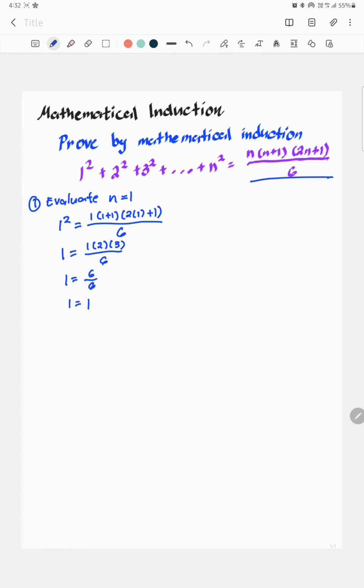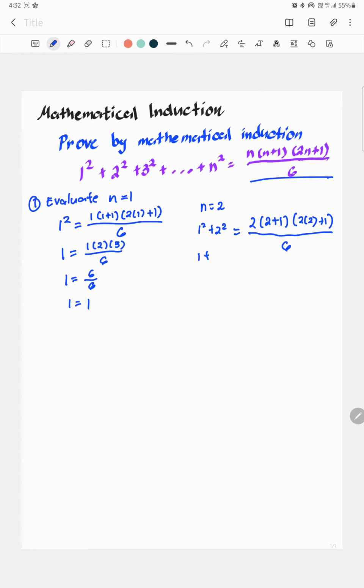However, when I was in college, we also checked the second and the third, to see if that would be true. Let me give you an example. If we look at the second, let's see if n is equal to 2. Therefore, we have 1 squared plus 2 squared. Is that equal to 2 times 2 plus 1 times 2 times 2 plus 1, all over 6?